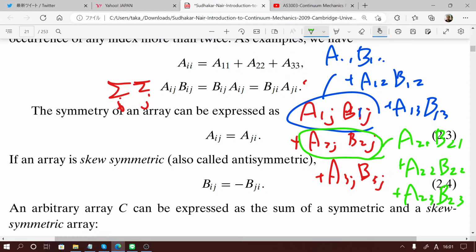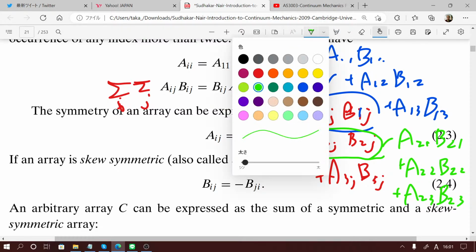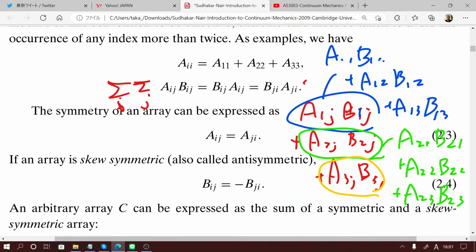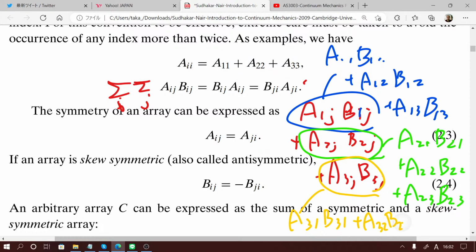Last one. Of course, the last one, let me change color to yellow. This one is A31 B31 plus A32 B32 plus A33 B33.